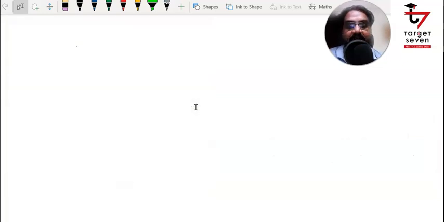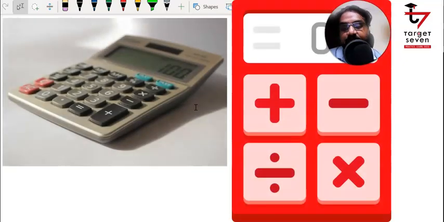We know that the basic mathematical operations are addition, subtraction, multiplication, and division.